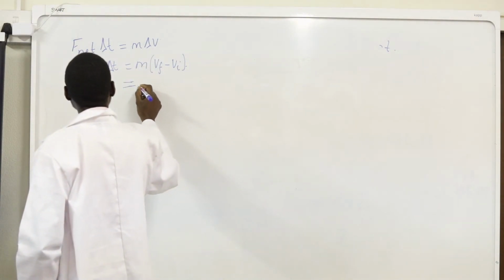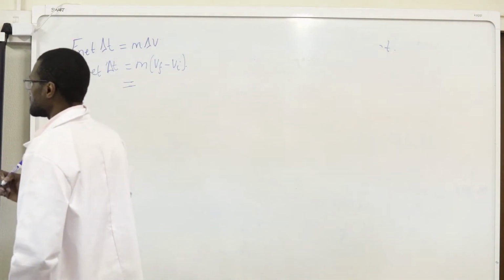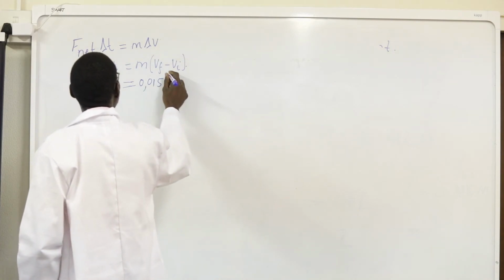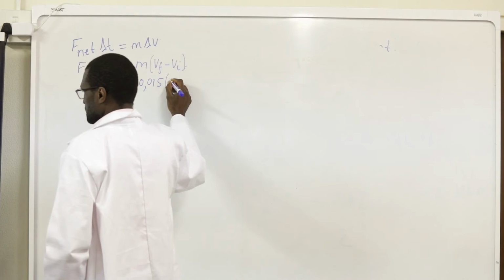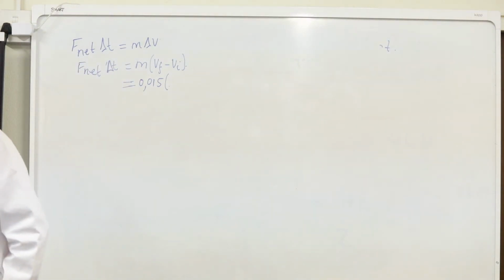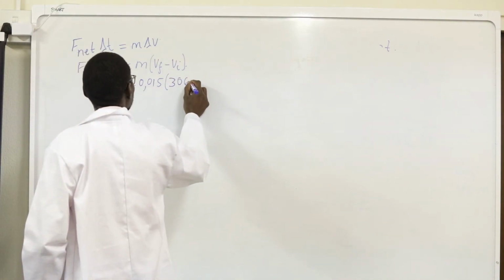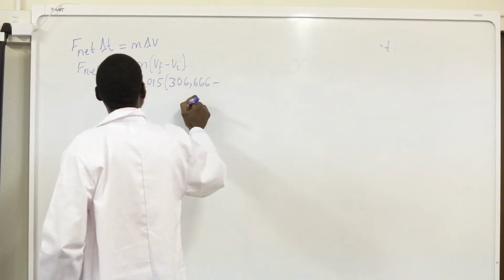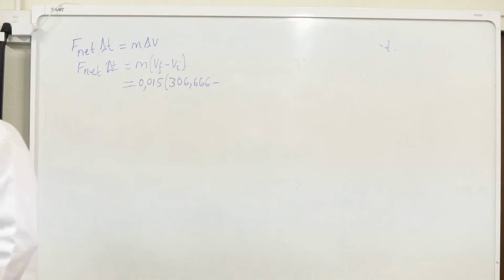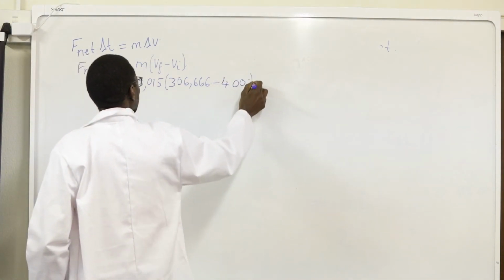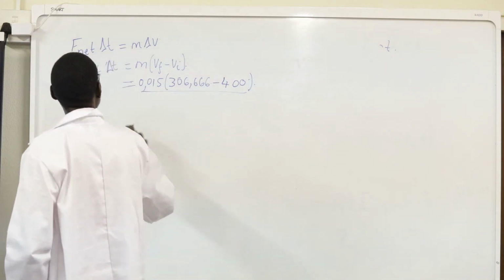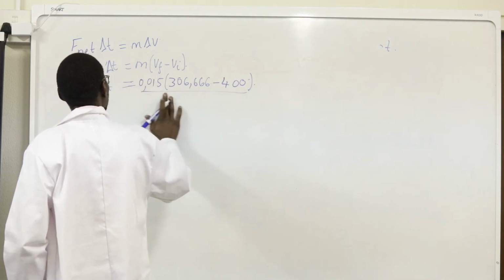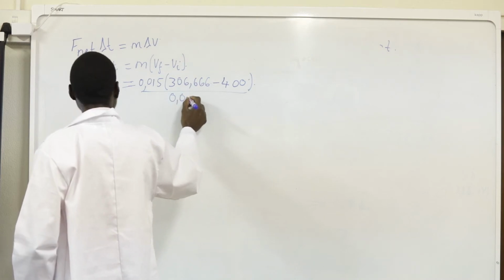Our value for the mass of the bullets has already been given to be 0,015, and the final velocity was 306, because we approximated it to 2 decimal places, okay, minus 400, which is the initial, divided by, if we now want to find the F net, our change in time, I'll substitute it quickly for you, 0,002.